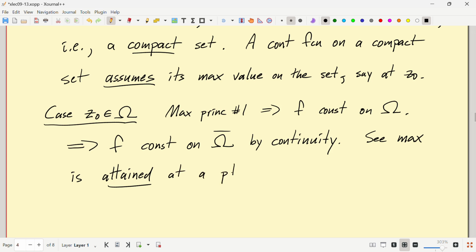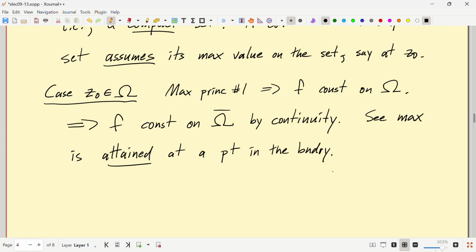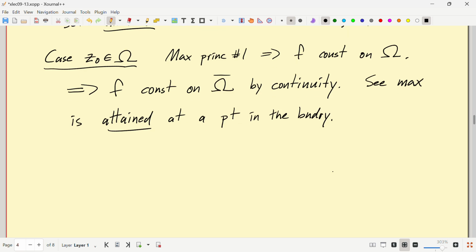In fact, it's attained at all points in the boundary. Okay, so that case is done. And now the other case is that z naught is in the boundary. Well, in that case, we're done. Okay, so that's all there is to that.